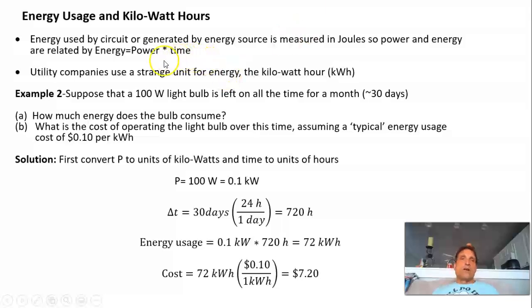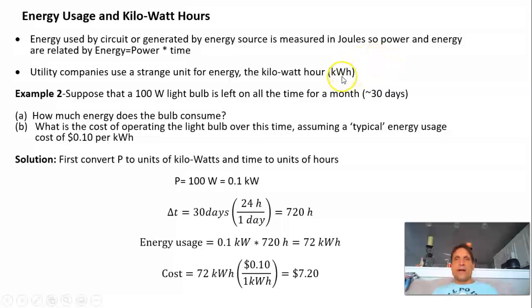So the utility company has a meter, and what they're measuring is energy. And what they bill you is in units of kilowatt hours, or you may see it as kWh, kilowatt times hour. That's kind of a weird unit, right?